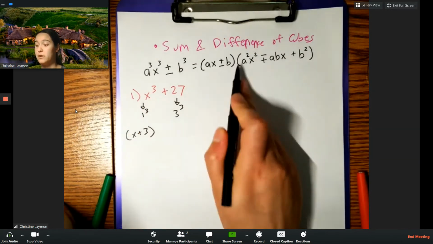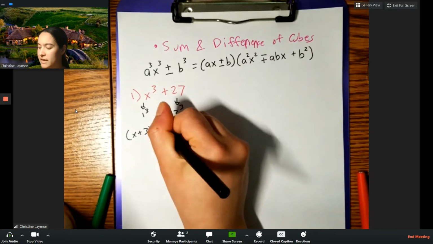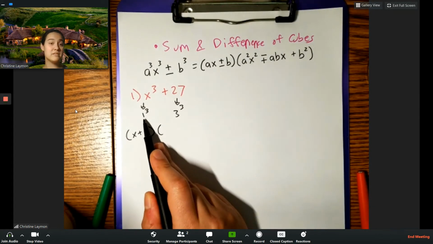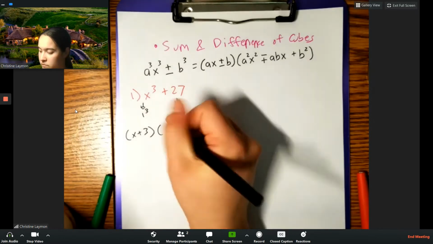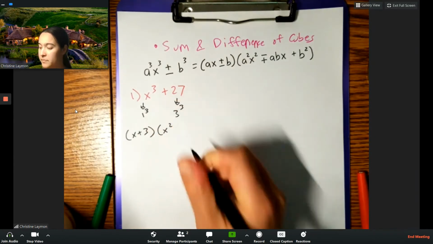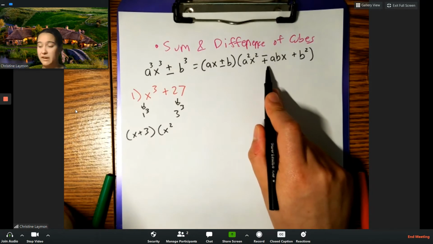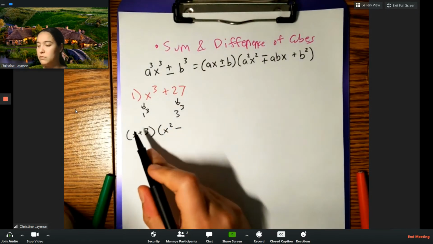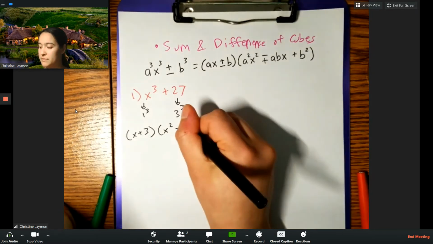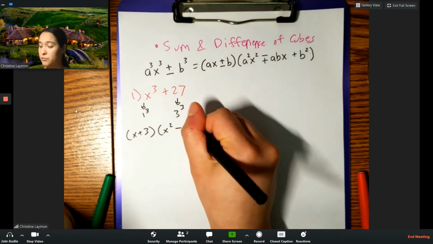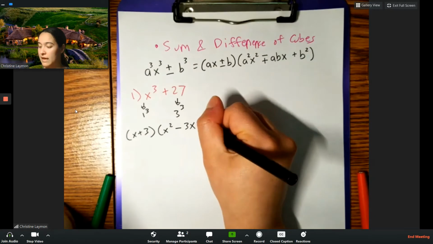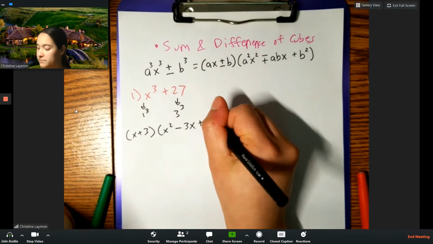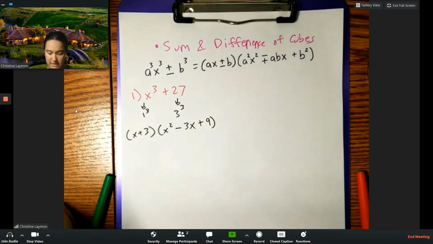That's the first part here. But the second part, I'm going to go ahead and do that first one squared. Well, 1 squared is still 1. So 1x squared. Now I change the sign. This was a plus, so I'm now using a minus. And then multiply these together. 3 times x is 3x. I finally add that last term squared. 3 squared is 9. So that's how we factor that.